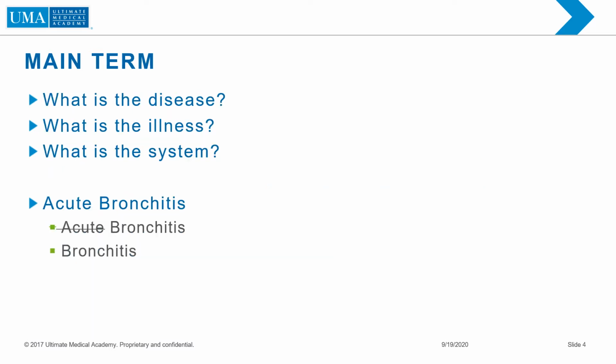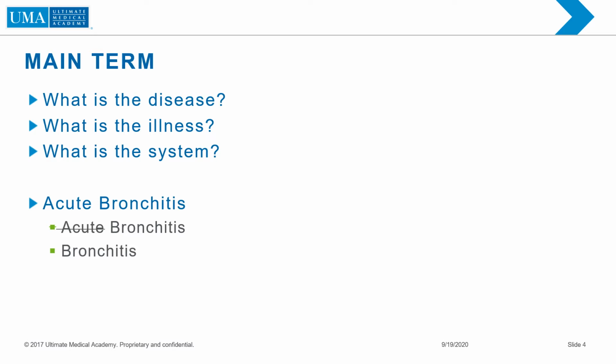When we're talking about a main term, what we're talking about is: what is the disease or what is the illness? What is the system that's being affected due to the illness or disease?